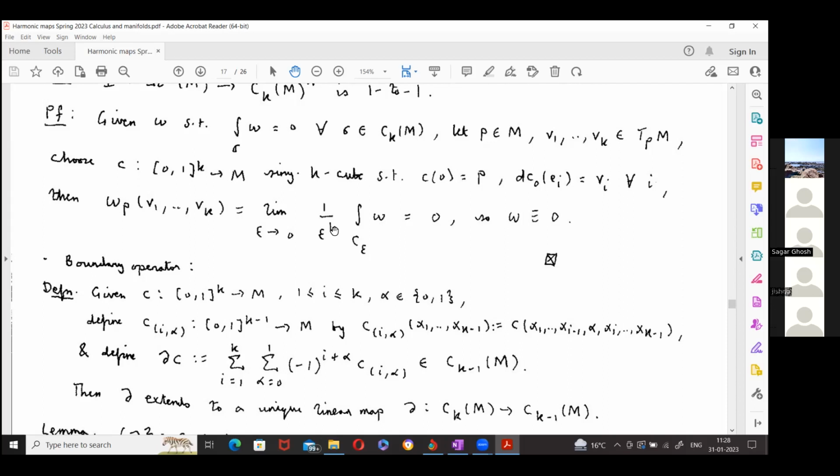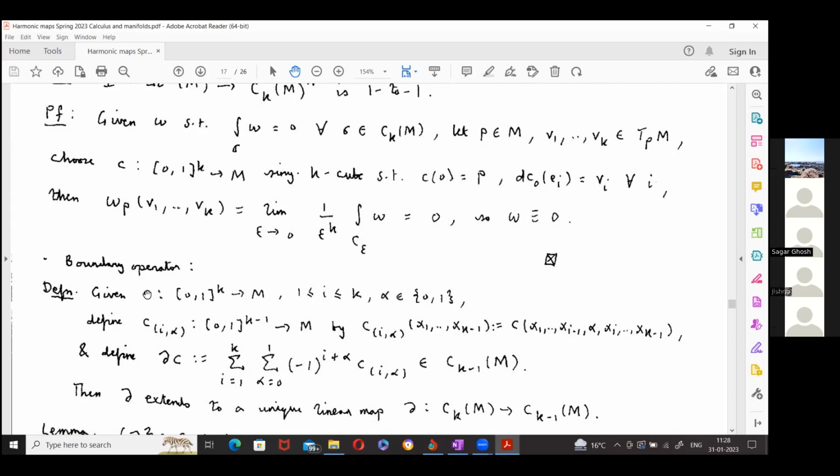Okay. So now let's define, like we do in homology, the boundary operator. You would have seen this for singular simplices. We can define the boundary operator similarly for singular k cubes.